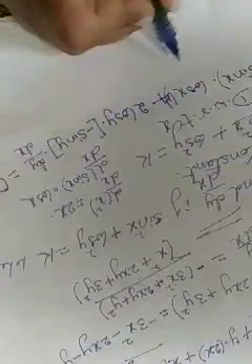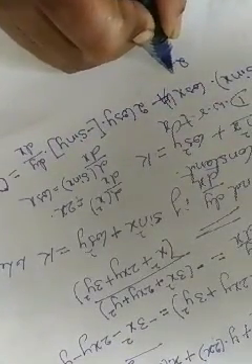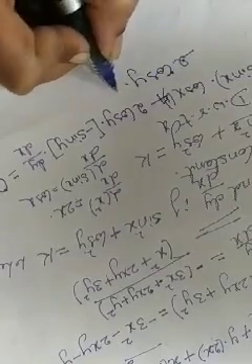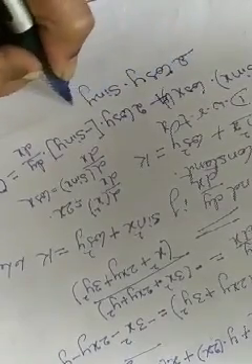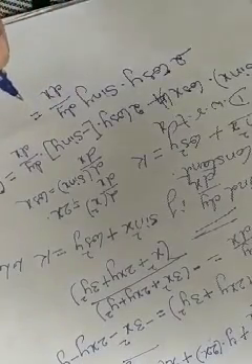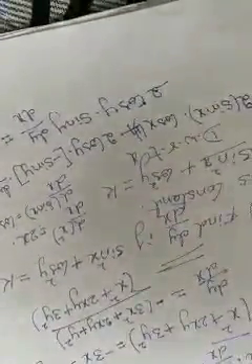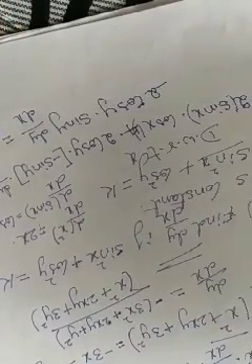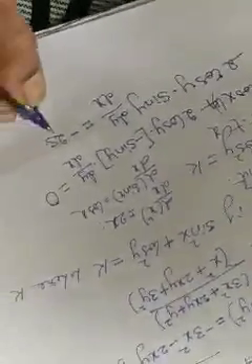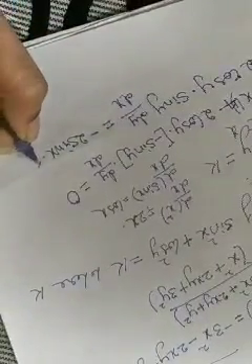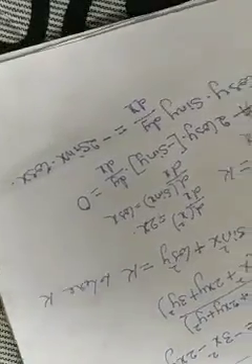Now separate the dy by dx. 2 cos y into sin y into dy by dx is equal to minus 2 sin x into cos x.